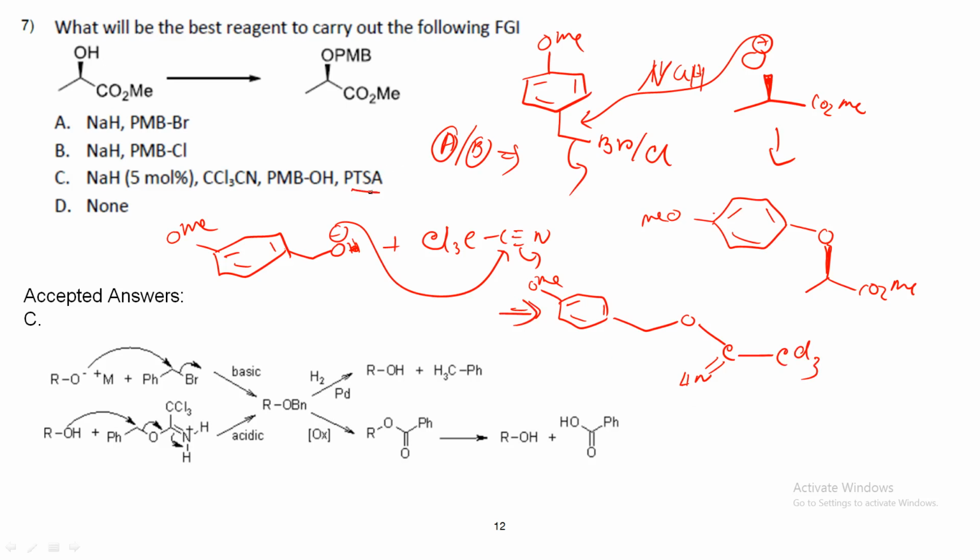Now we also have PTSA, an acidic reagent. So this nitrogen can be protonated in the acidic medium, and it becomes this. Now you can think of this alcohol, our starting material. This is an electropositive center, so SN2 can happen.